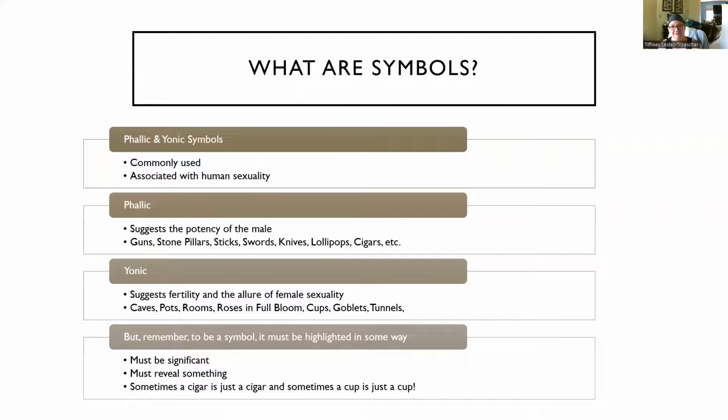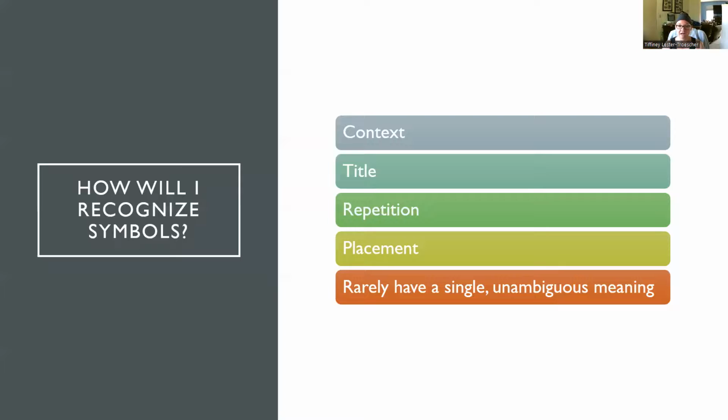Ionic is female genitalia, so like a flower, a cup, goblets, tunnels, rooms, right? Sort of like a vessel, pots, caves. So when phallic symbols and ionic symbols are used, it is to suggest something about human sexuality.